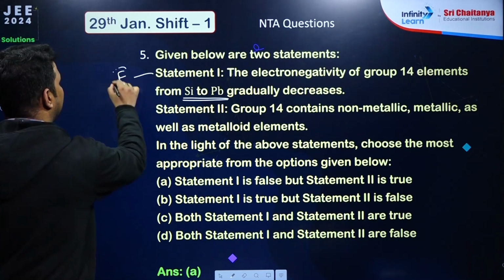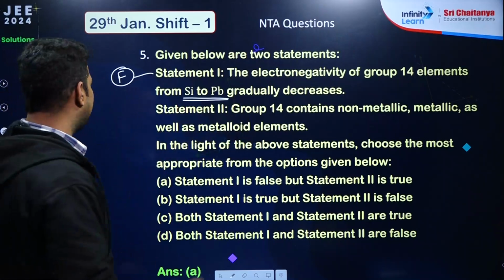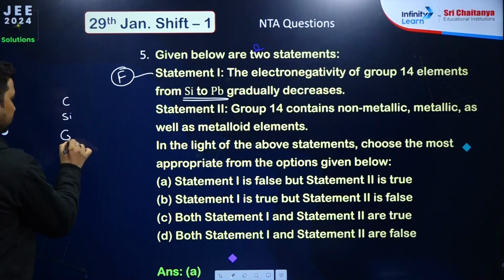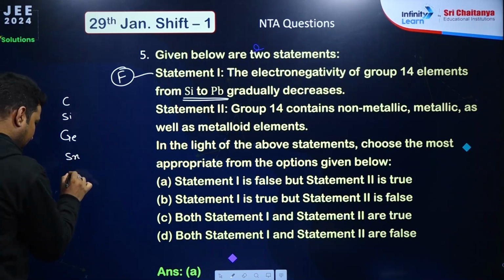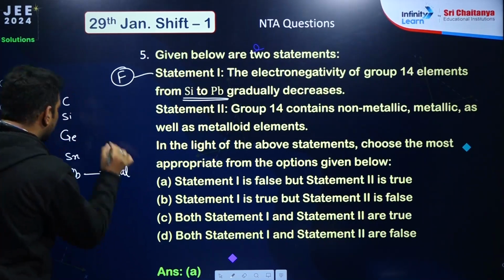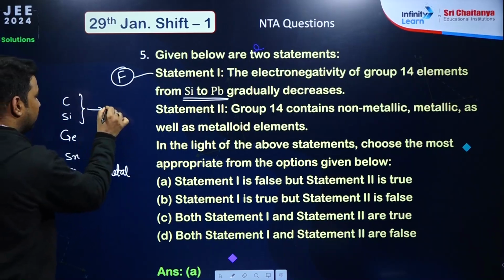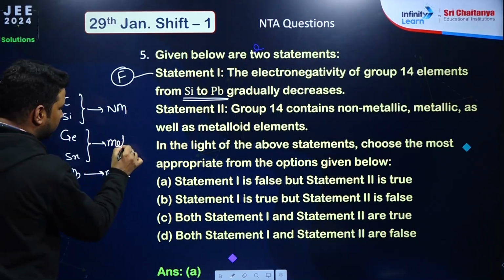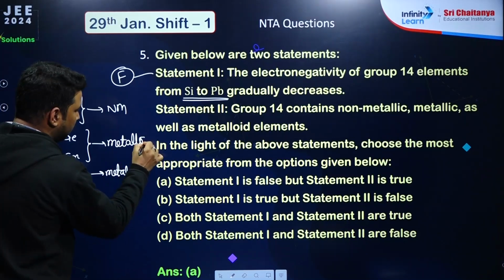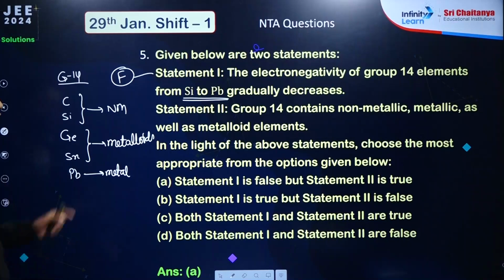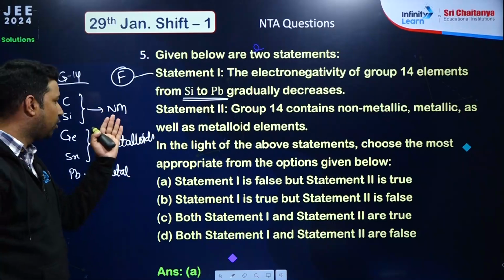Second statement: what is the carbon family? C, silicon, germanium, tin and lead. Lead is a metal. Carbon and silicon are non-metals. Germanium and tin are metalloids. So group 14 contains all types of elements: metal, non-metal and metalloid.